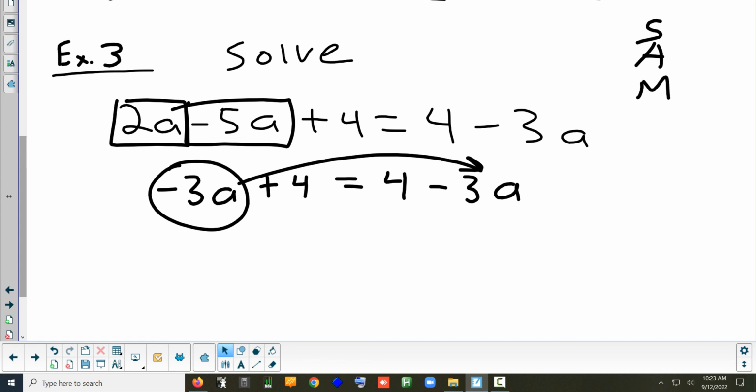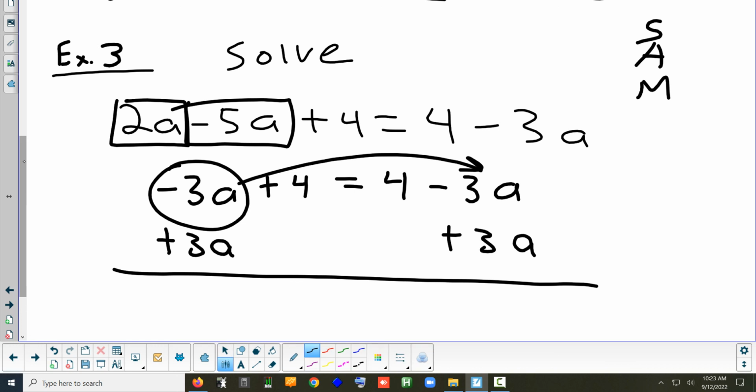We're trying to move that negative 3a. So we want to cancel it out. That's how we move it. What cancels out negative 3a? Exactly. Positive 3a. And if we do it on the left, Caleb, where else do we have to do it? Good. We're going to do it to the right.